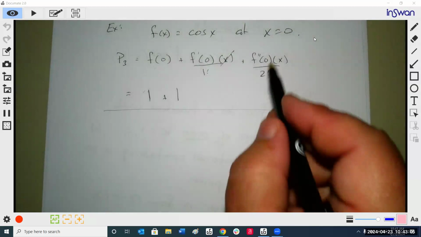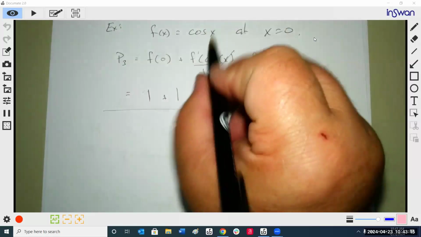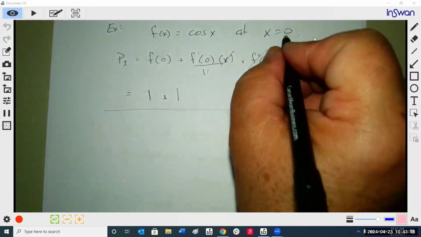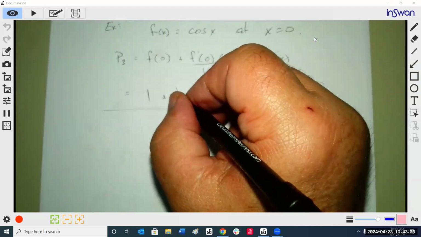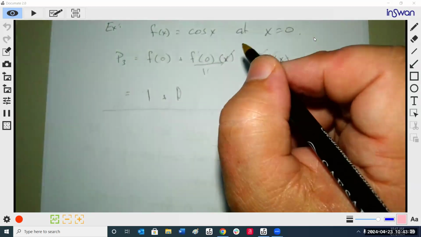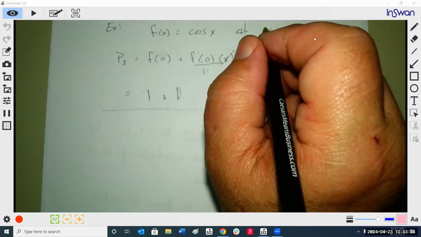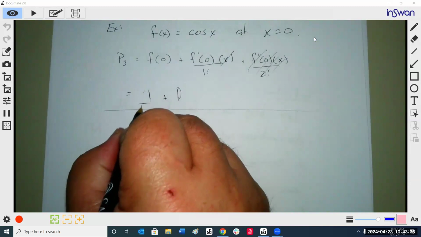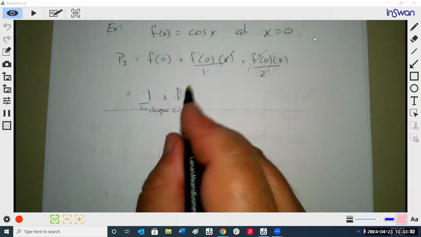Since the first two terms, the derivative of cosine is sine, at 0 is 0. So it has degree 0. That's 0.